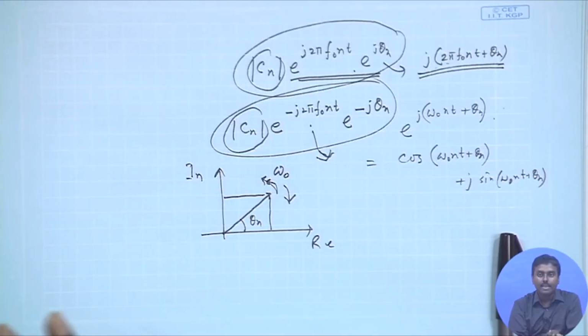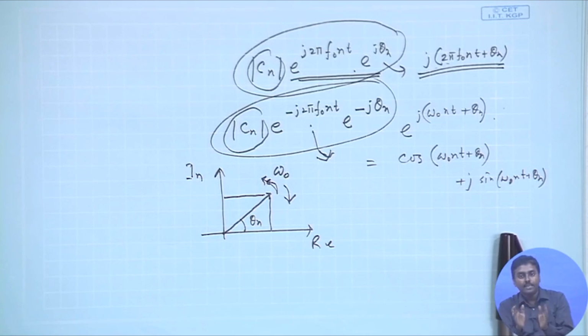Eventually you will see that the imaginary part gets cancelled out. In the imaginary axis, if you add these two, you get nothing; it will be 0 for every value of t.